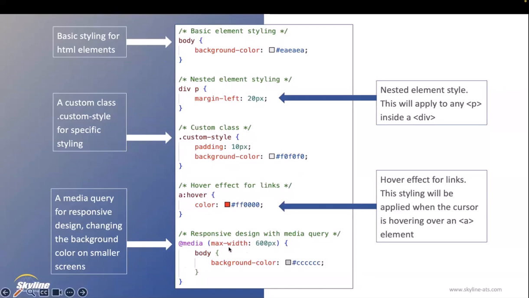But what this is doing is saying if the max width of the site or the browser window is 600 pixels, then apply this styling. So this is, again, a little bit more dynamic than what CSS1 was capable of. But now we can apply styling based on the size of the viewport or the screen or the window, however we want to specify that things should be styled differently based on how big it is.